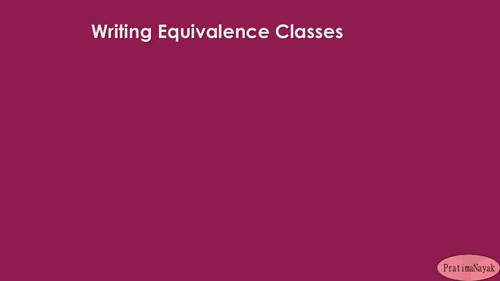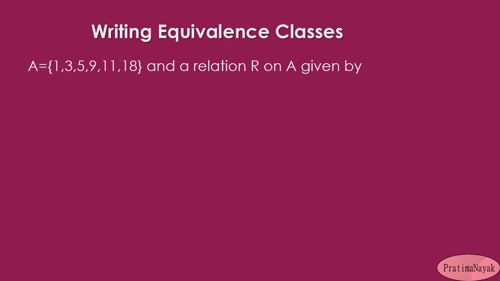Now let us take an example and we will learn how to find the equivalence classes. A is a set, it contains the elements 1, 3, 5, 9, 11, 18 and a relation R on A given by R is equal to the ordered pair (a, b), where a minus b is divisible by 4.